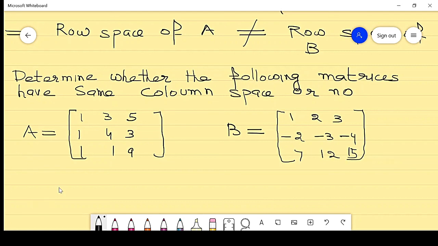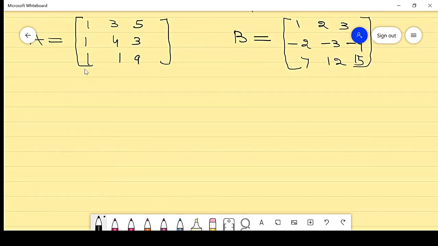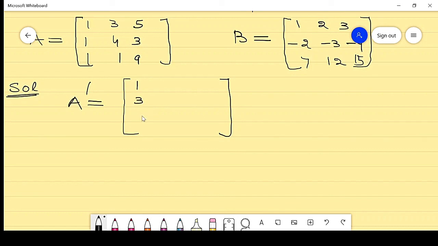Now we are talking about the column space. So first transpose the matrix. First take A transpose, which is equal to 1 3 5, 1 4 3, 1 1 9.